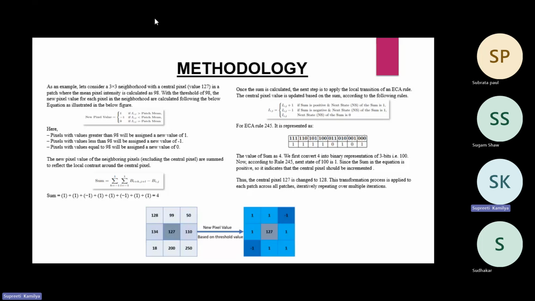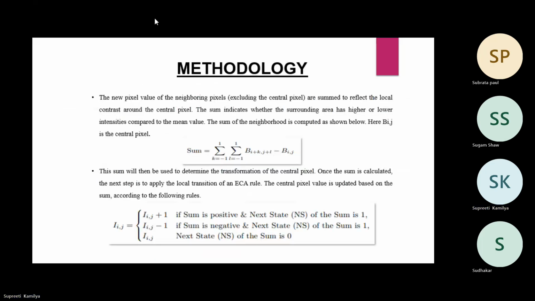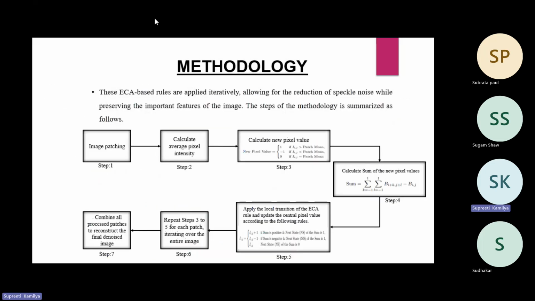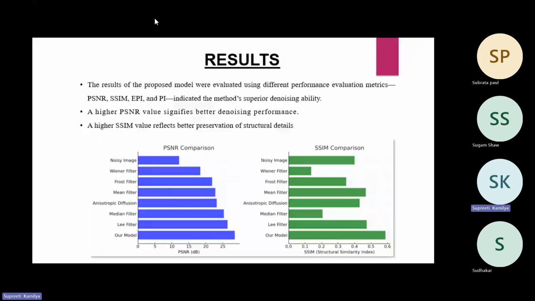If we go to the results section, this is just the overall steps of what we have done. We have compared our model with the existing filters, using different performance evaluation metrics such as PSNR, which is peak signal to noise ratio; a higher PSNR value signifies better denoising performance, as can be seen from this graph.